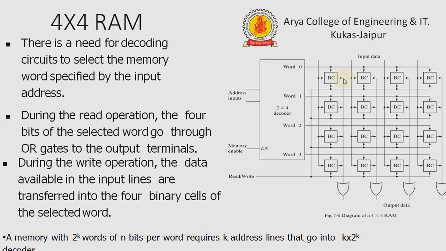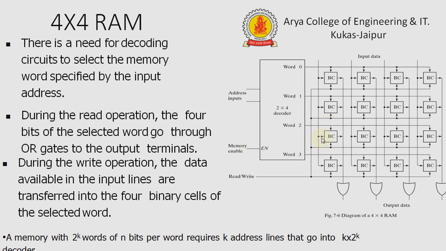A memory with 4 words needs 2 address lines. The 2 address inputs go through a 2x4 decoder. To select one of the 4 words, the decoder is enabled with the memory enable input. When the memory enable is 0, all outputs of the decoder are 0 and none of the memory words are selected.